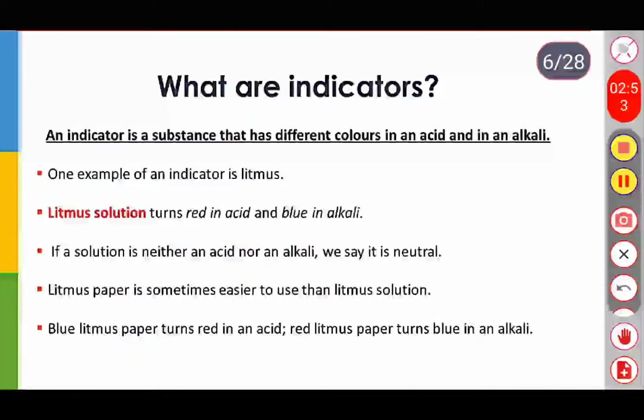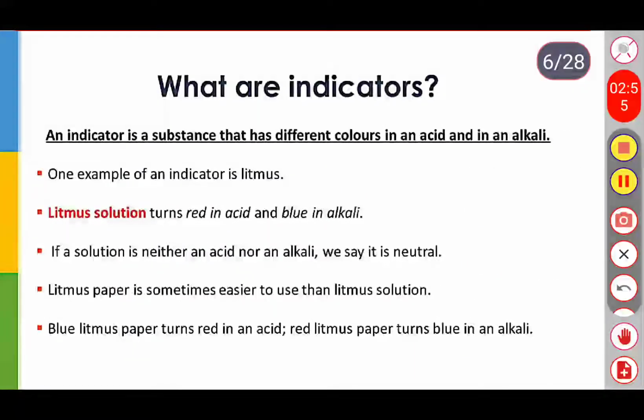Next one, what are indicators and what are the importance and characteristics of indicators? See here, an indicator is a substance that has a different color in acid as well as in base. It means the same indicator will show different colors in acidic as well as in basic solutions. For example, methyl orange is one type of synthetic indicator.